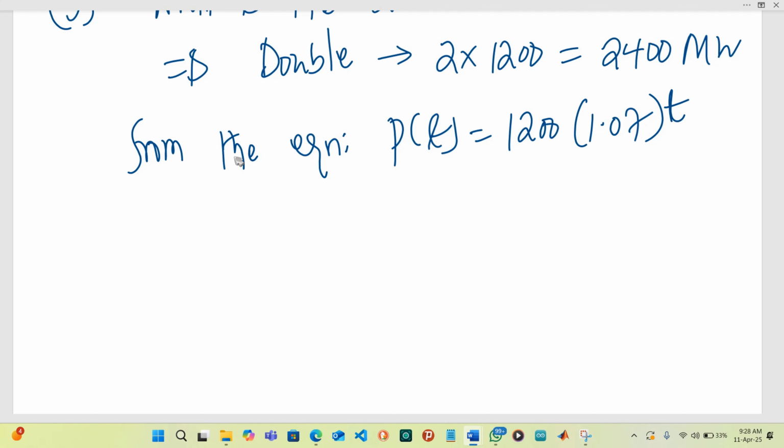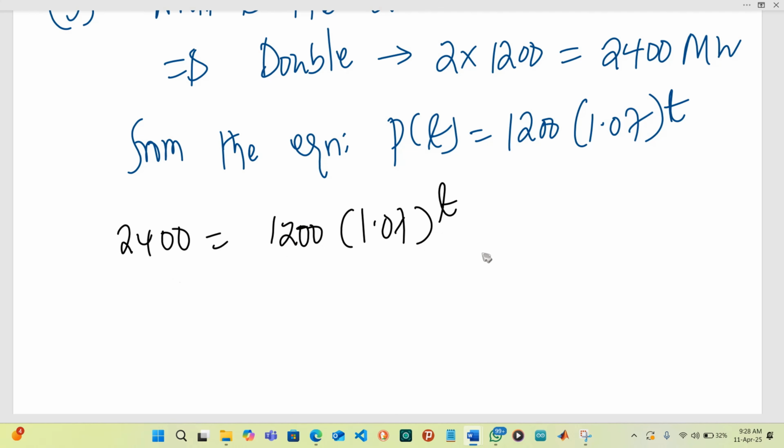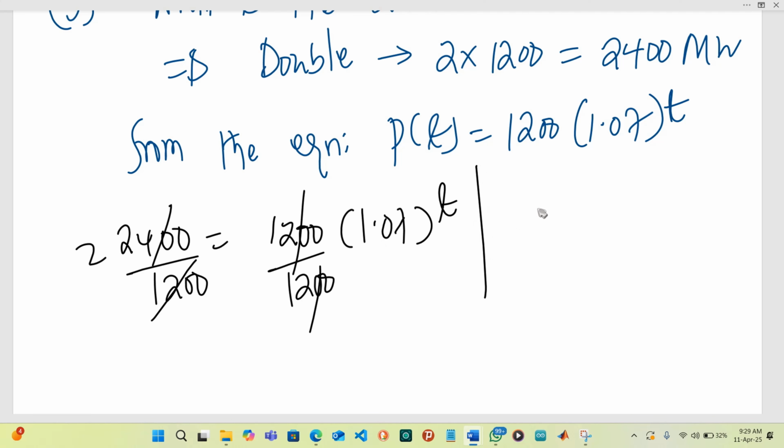So I'm going to put 2,400 equal to 1,200 into 1.07 to the power t. I'm going to divide by 1,200 on both sides. That and that will go. So I'll have 2 equal to 1.07 to the power t.